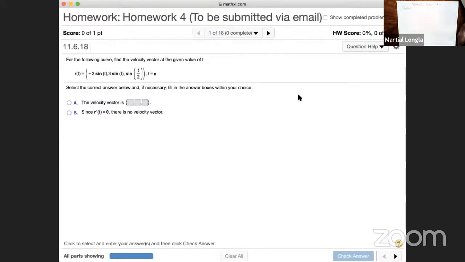How do we work out this problem? So that's velocity at a given point. r of t is negative 3 sine t, 3 sine t, sine of t over 2.